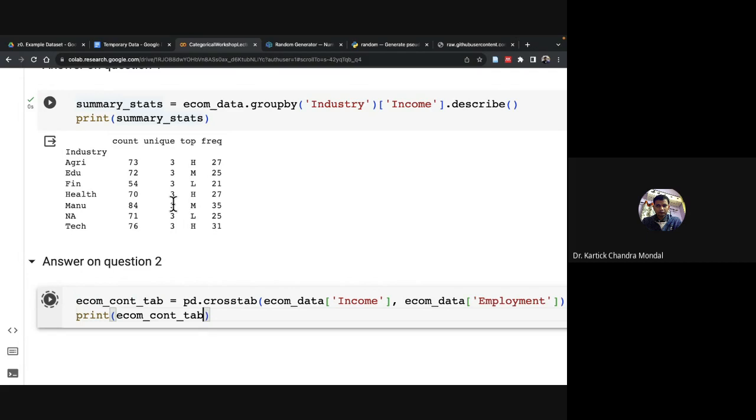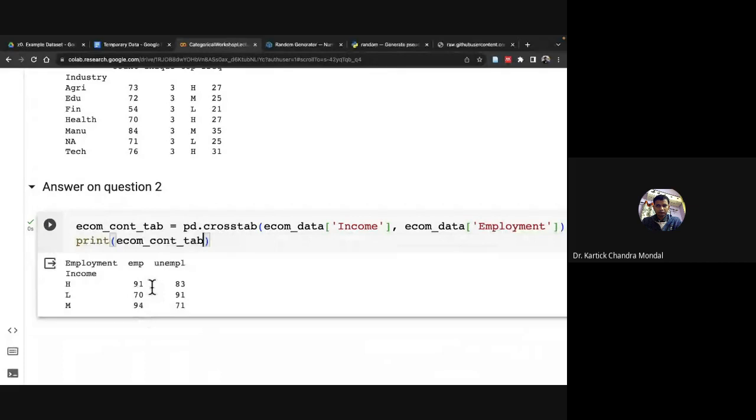Based on the income level, you can see the employment status. In the data set, the majority of the persons belong to the medium income group, then the high income group, and then the low income group. Medium and high income groups are almost equal in number, but the low income group has significantly fewer than the other two.